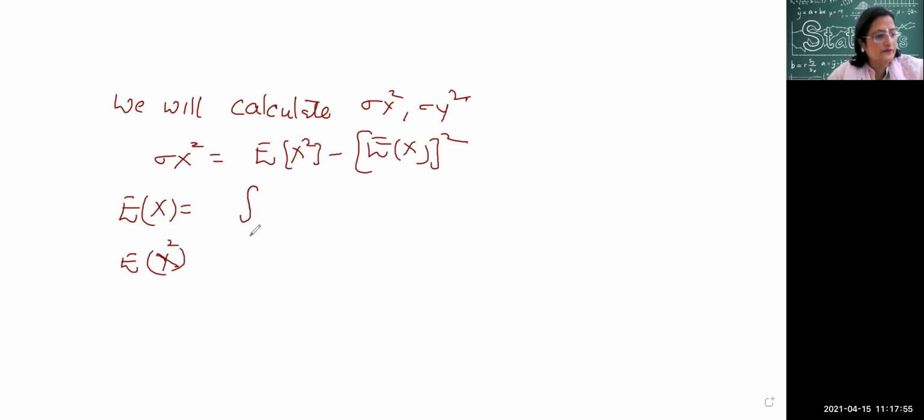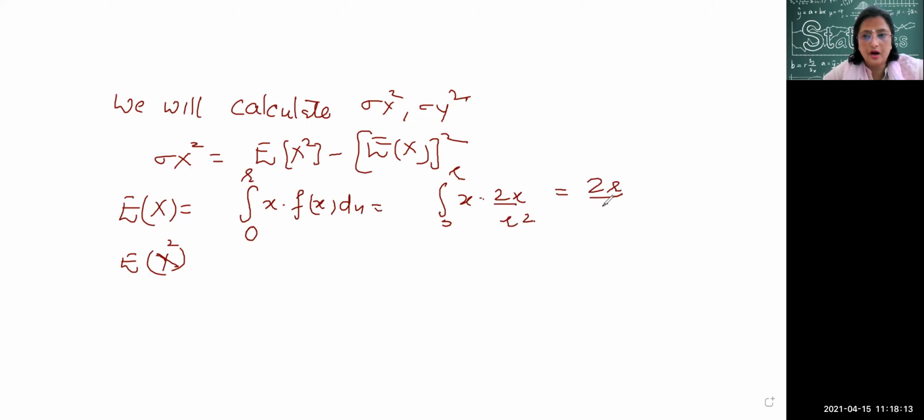So expectation of x, the limits are from 0 to r, x into f of x dx. So this is integration 0 to r, and f of x we have now 2x upon r square. So when you solve it, what will you get? 2r by 3.